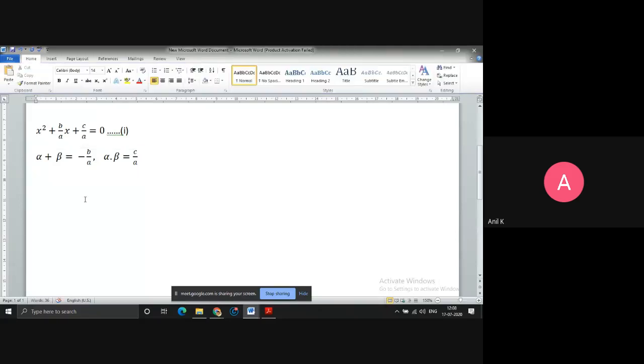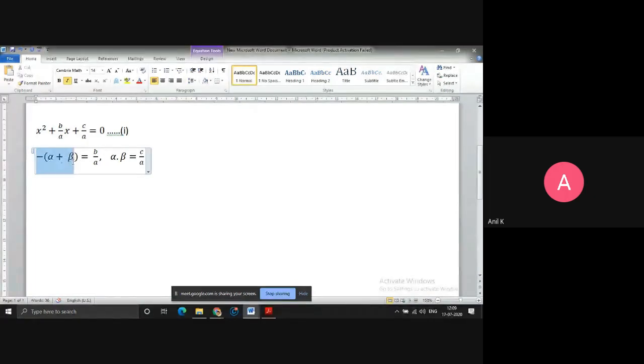Now this alpha plus beta value you are getting as minus b upon a. If we have a minus sign across the equality, you can put the minus on the left side or right side. So here I'll bring this minus sign to the LHS. Can we put this one?